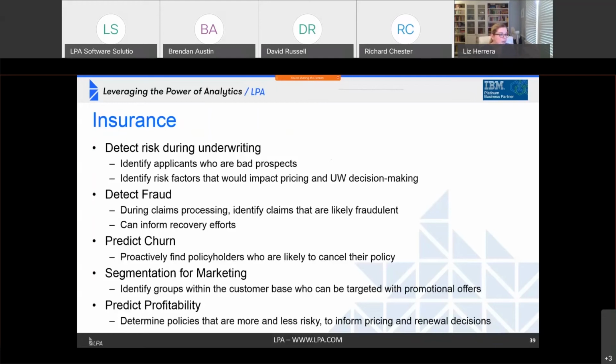Segmentation for marketing. Again, identifying groups within the customer base who they can target for promotional offers, which I kind of talked about with one example before. And predicting profitability, that same client I gave the example about, we also did a kind of secondary step to predict the profitability of the policyholders.